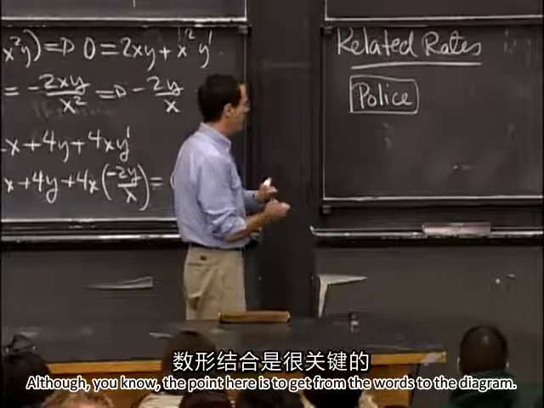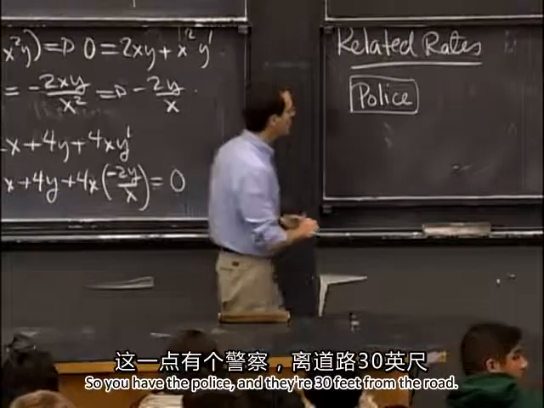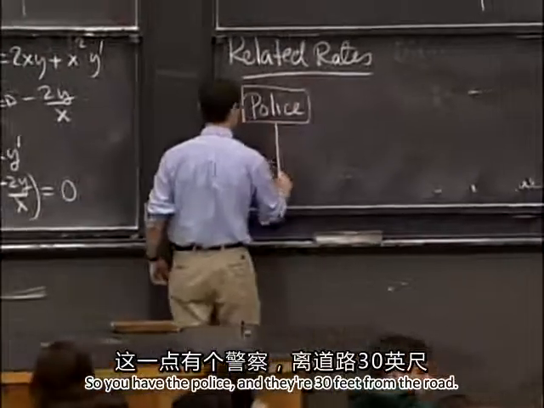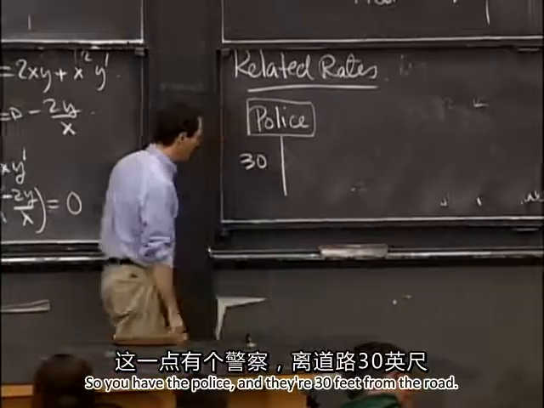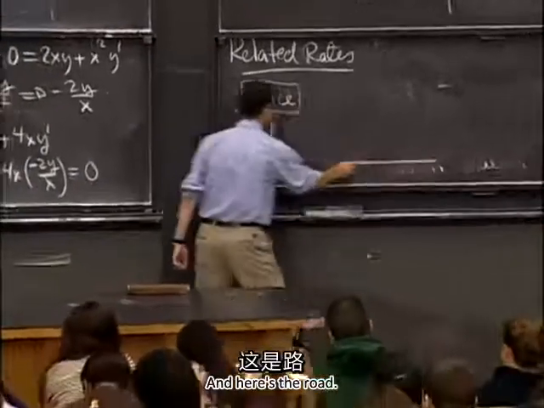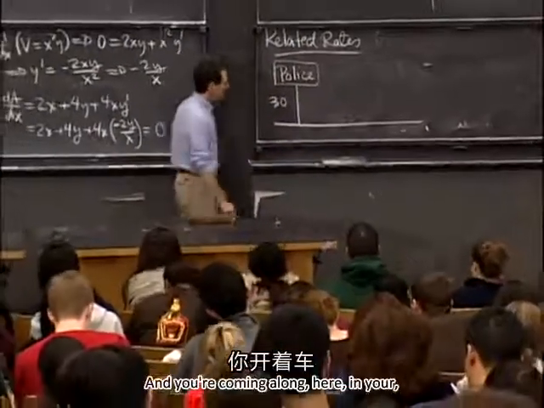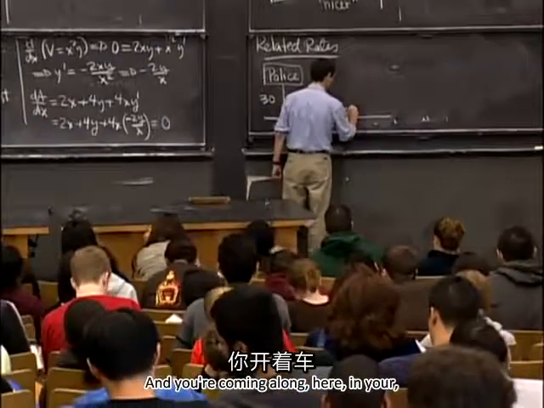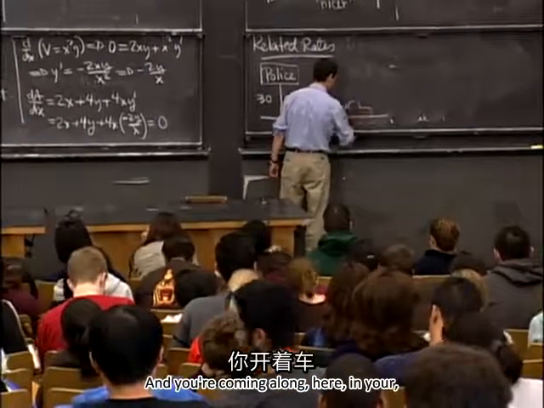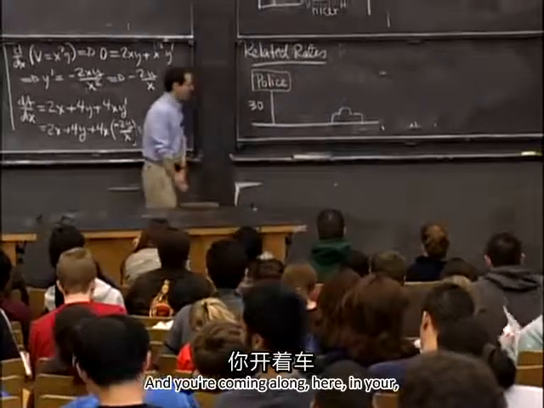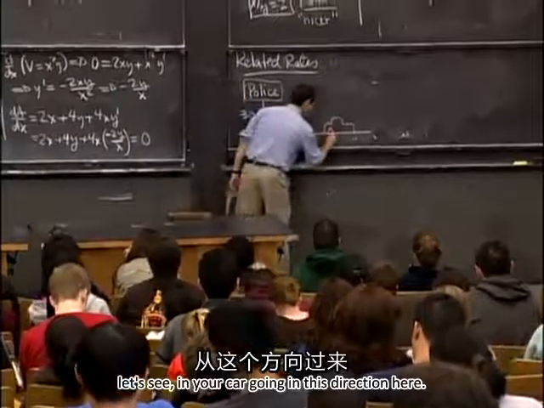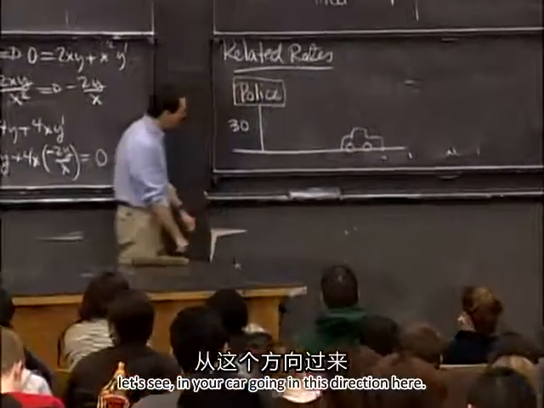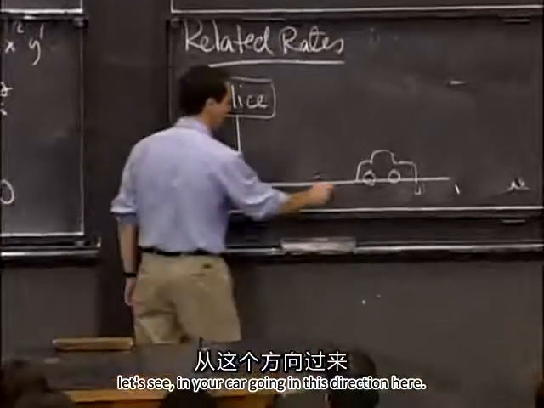diagram. Okay, so you have the police, and they're 30 feet from the road. And here's the road. And you're coming along here in your, let's see, in your car, going in this direction here.